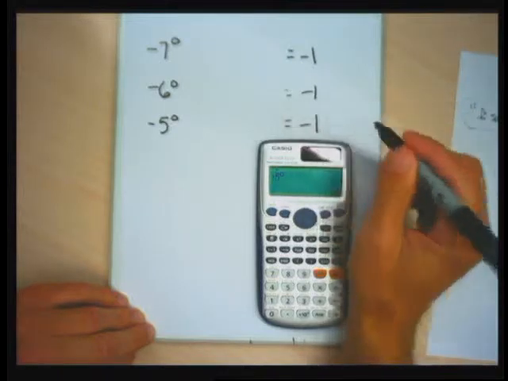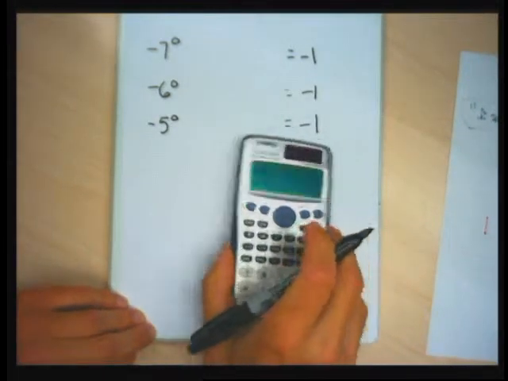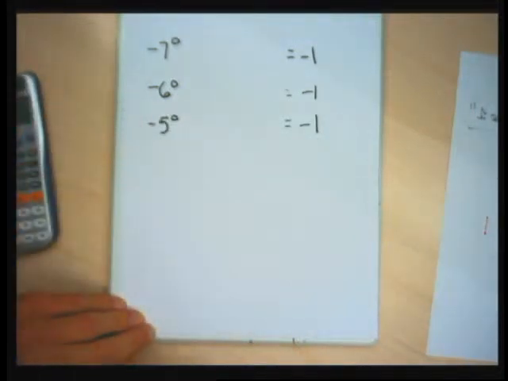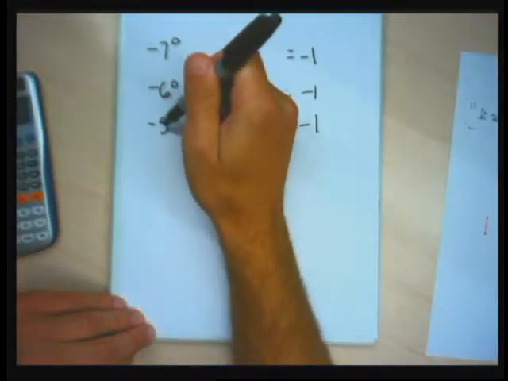It feels like I'm violating the rule that anything to the 0 power is 1, but I'm not. It looks like I'm raising negative 7, negative 6, and negative 5 to the 0 power, but I'm not.